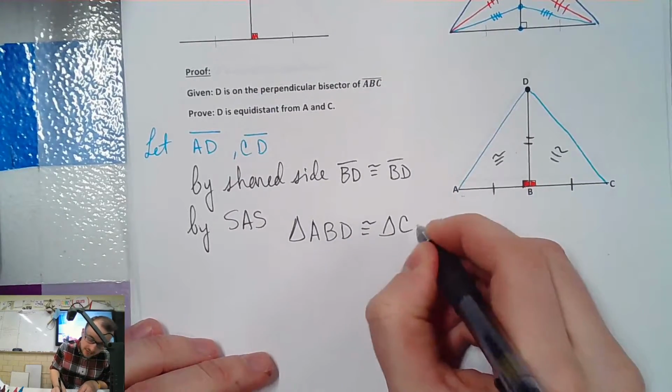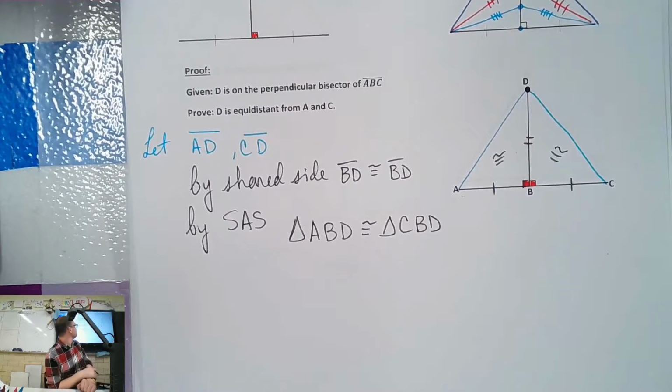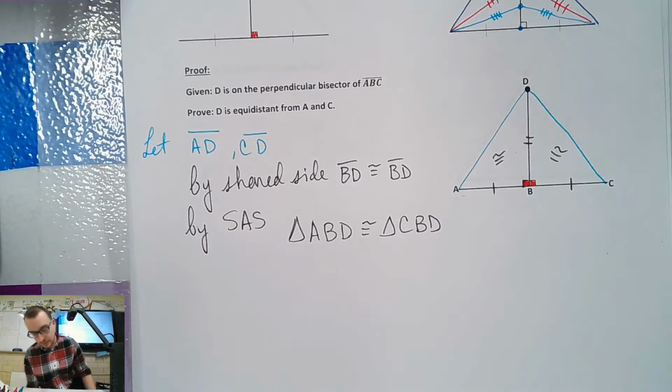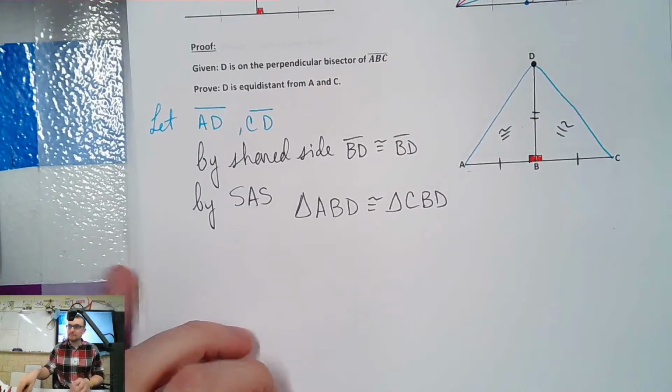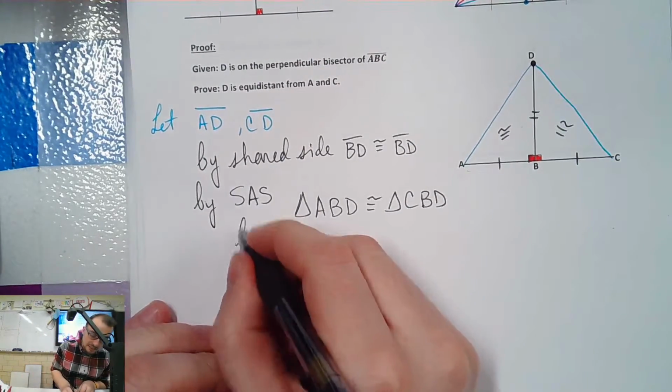CBD. Nice. Nice, nice, nice. Elaborate. I don't get it. Well, so these two triangles are congruent by SAS. And if the triangles are congruent, then shouldn't their parts be congruent? What do we do to say their parts are congruent? CCP, right?